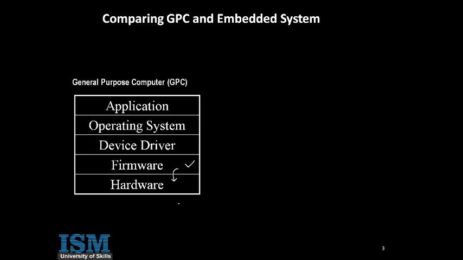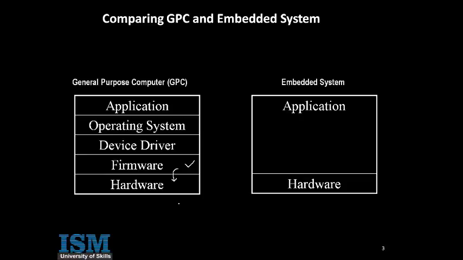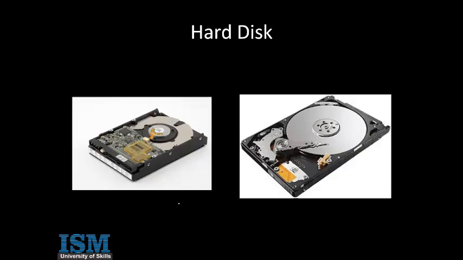To make you understand this firmware better, I would give an example. Let me take a known device like a hard disk. Hard disk is a steel plate coated with ferric oxide, mounted on a spindle motor.